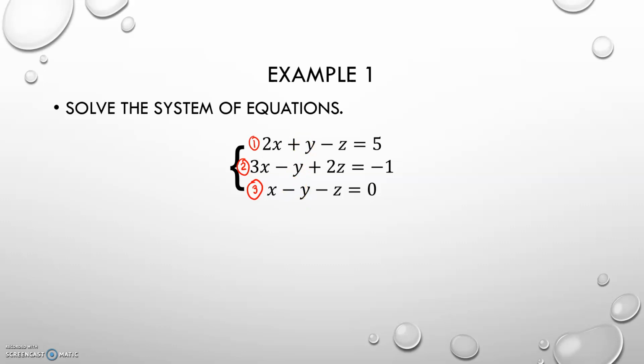So, if I combine 1 and 3, that's my first pairing. And I'm just going to rewrite this. Oops, sorry, 1 and 2. Doesn't really matter which one I take care of first.